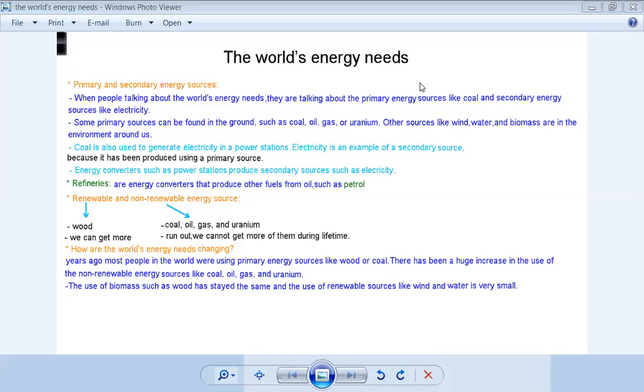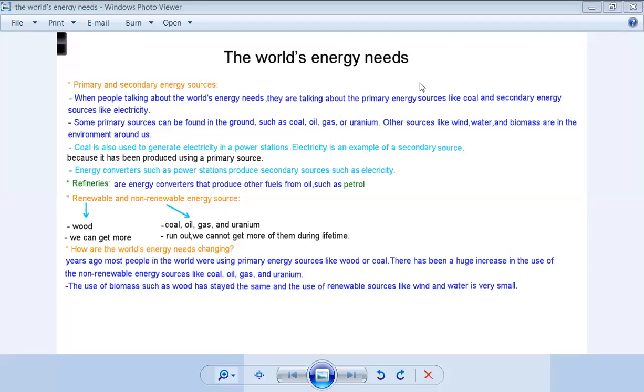Did they use fossil fuels? No, not fossil fuels. They were using coal. They were using oil also. What else? They used sunlight, like the heat. Okay, wind also. They were using wind.